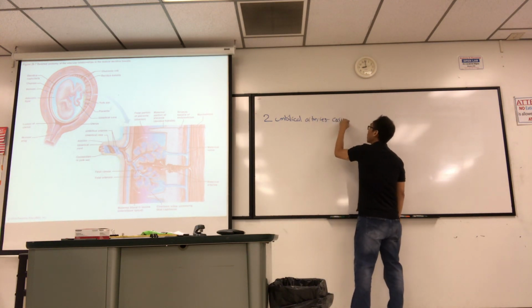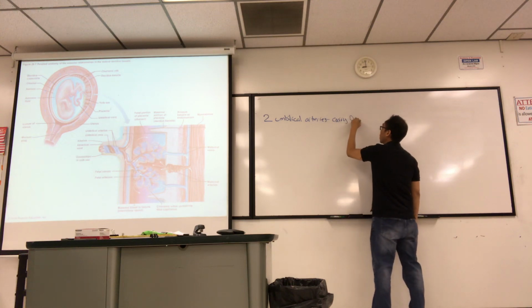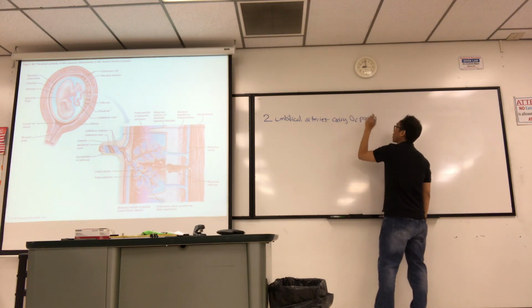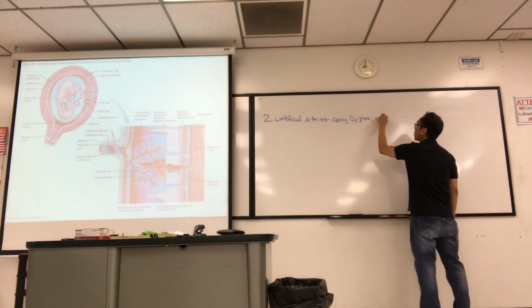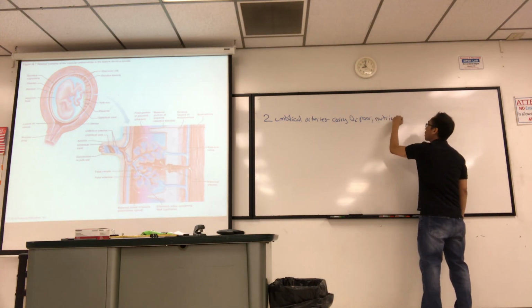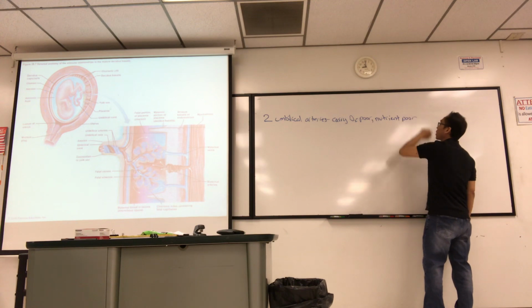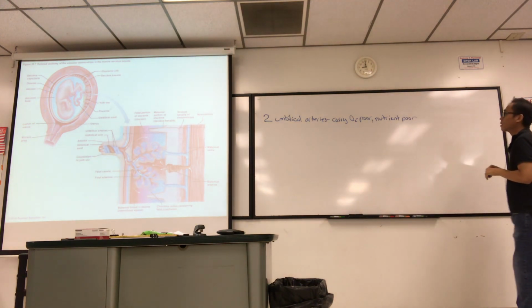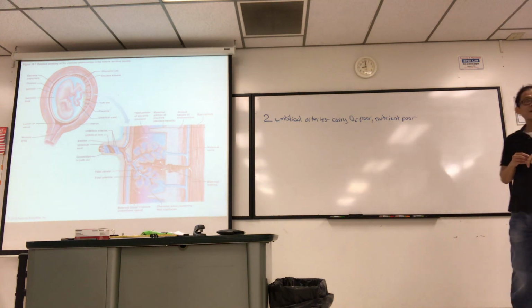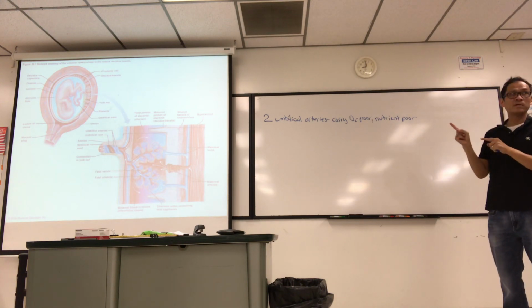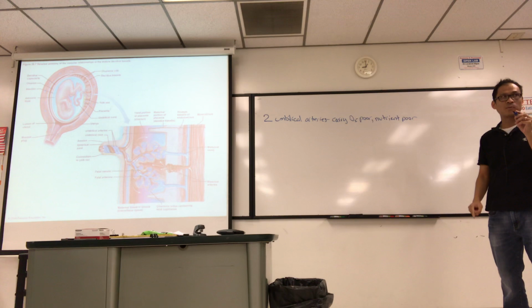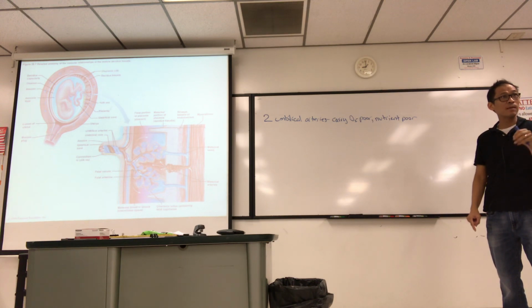They carry, let's say, O2 poor, nutrient poor blood. You thought it was what? No, these are arteries, and they are blue. It's kind of reversed for baby, okay?